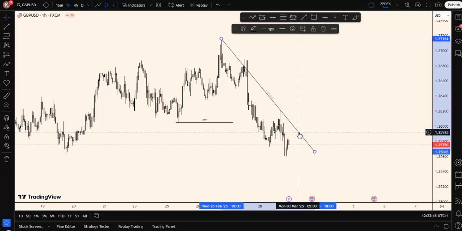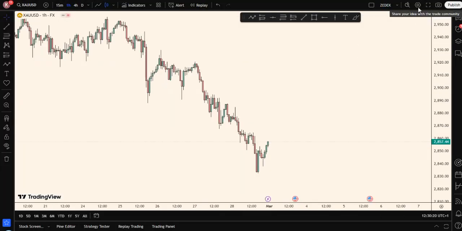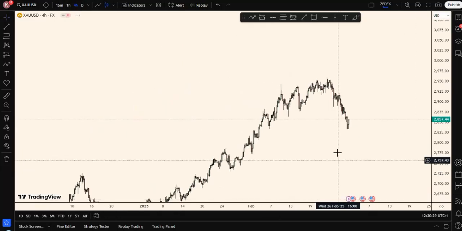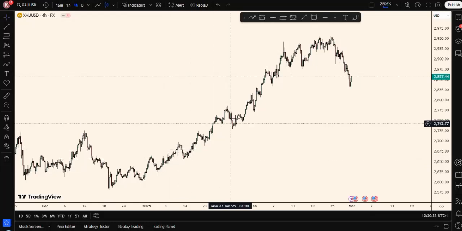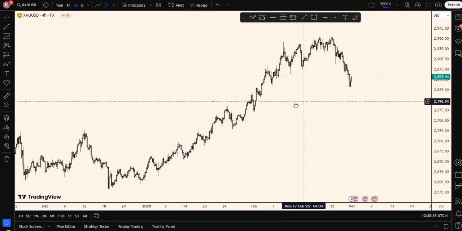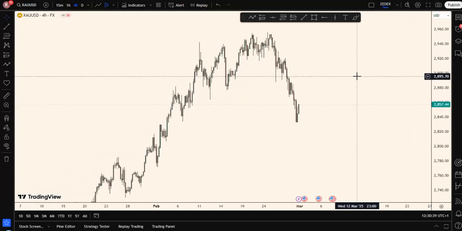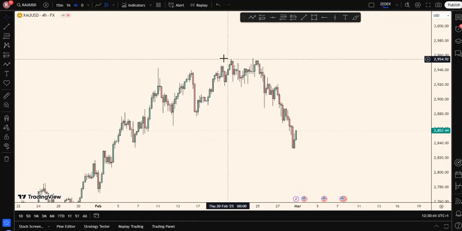Let's go to the next pair. So here on gold, what we're going to start is that we're going to go up to our 4 hour time frame and then look for what price is actually doing on that time frame. So on 4 hour, I can see so many structures to the upside, and then the recent one that I can see is this one here, which is a lot visible to my eye.